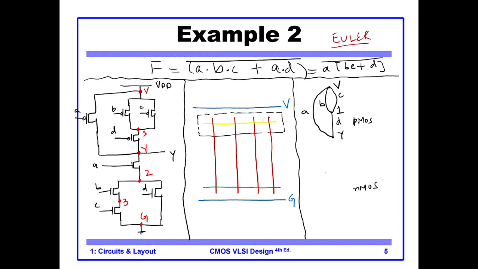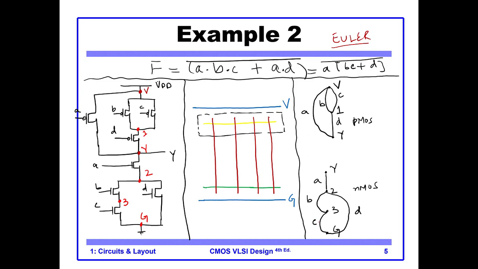We start with Y at the top, then we have 2, then point 3, and then ground. So between Y and 2 we have the transistor A. Between 2 and ground we have the transistor D, and between 2 and 3 we have transistor B, and we also have transistor C.